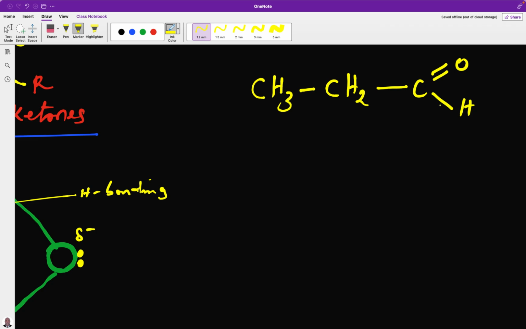Here is a propanol. And we have another one here. This is propanol.